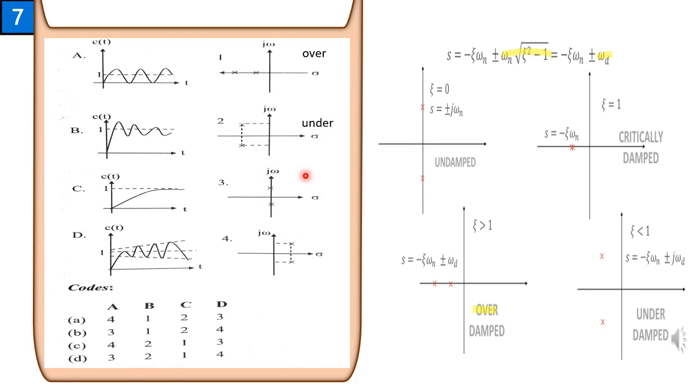This is the undamped response or marginally stable, as you can see, so we are going to mark it as undamped. And this is the case of an unstable system because poles are residing on the right half of the S-plane.